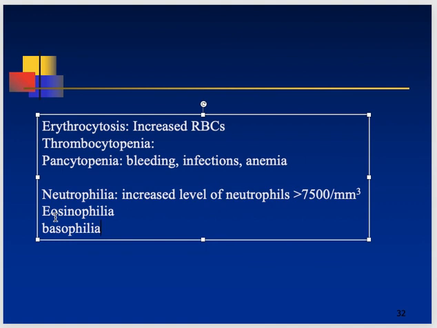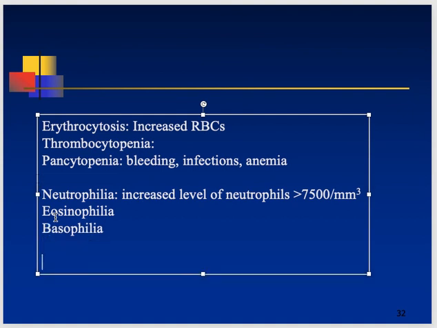One of the terms which I wanted to tell you is agranulocytosis. What is agranulocytosis? There is cytosis, which shows that there is an increased level. But see, guys, whenever it says A, it means absence.